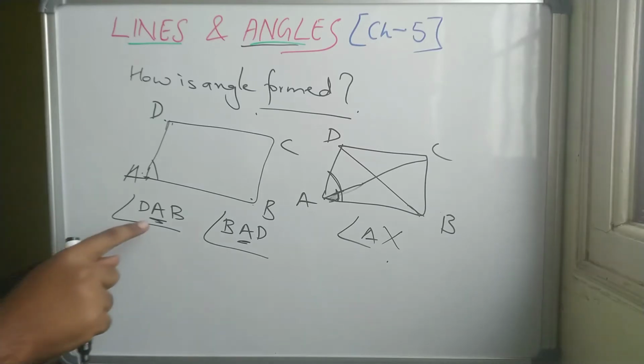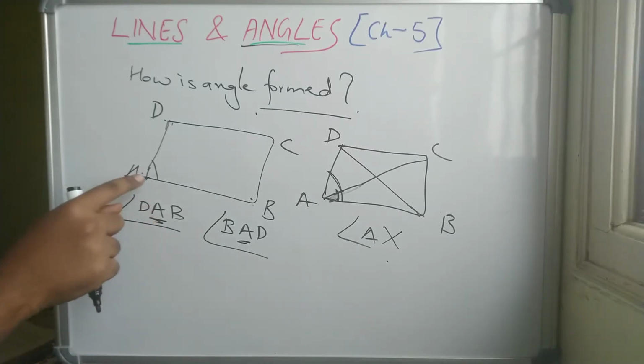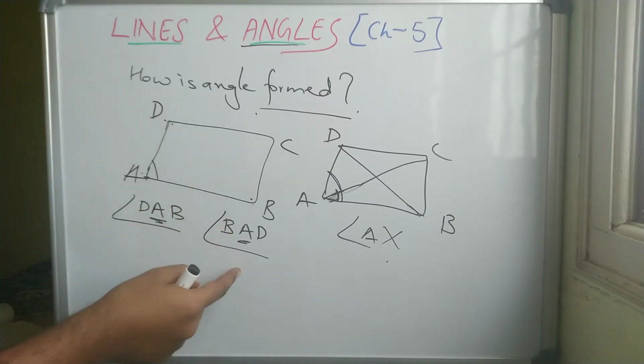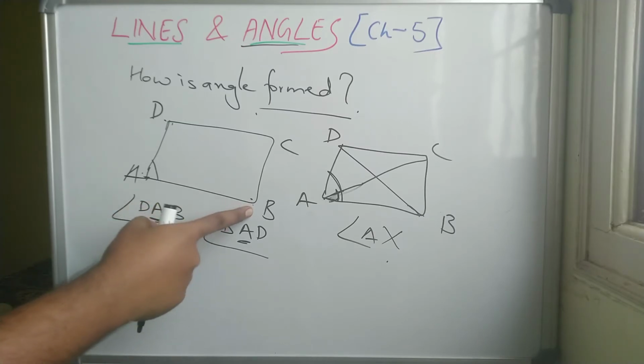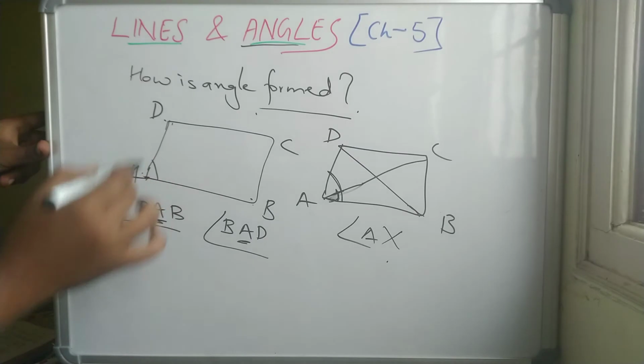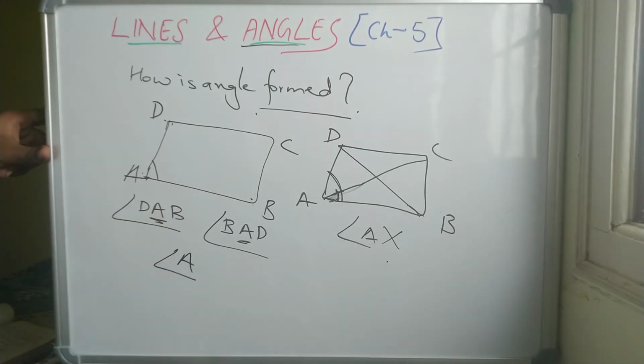Right? So the center letter that you are denoting should represent the angle. See the center, both are correct. I have started from this point and this one I have started from this point. Same thing, right? So you can denote it this way, or in this figure you can directly write angle A, but you cannot write angle A for this one, right?